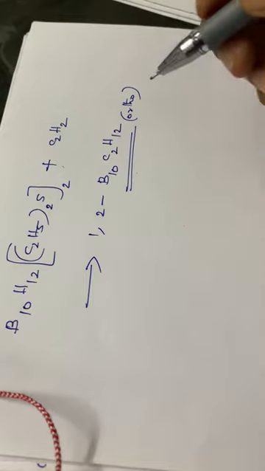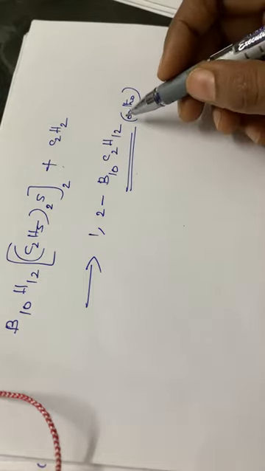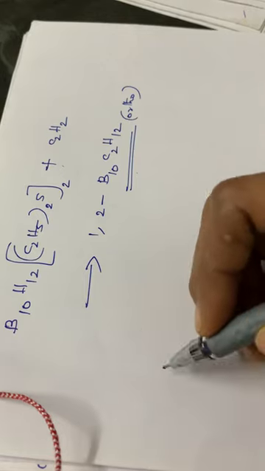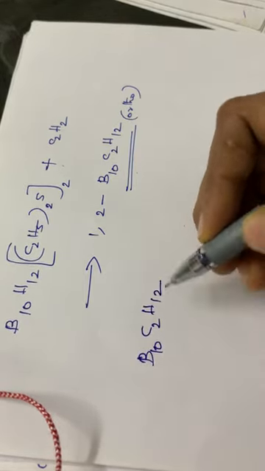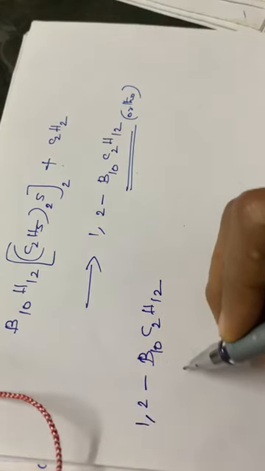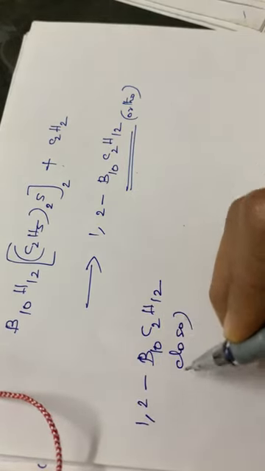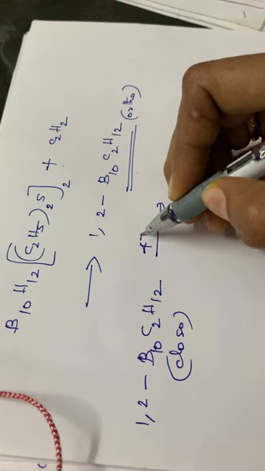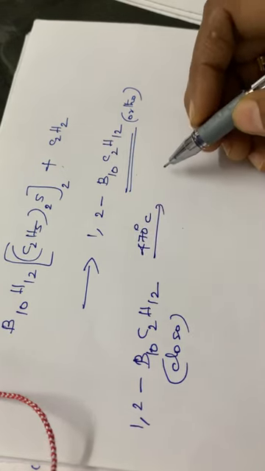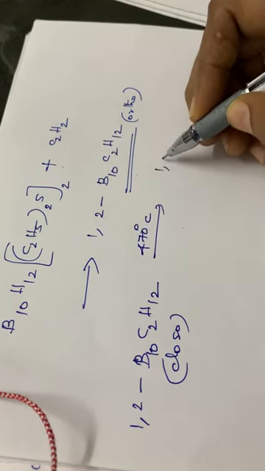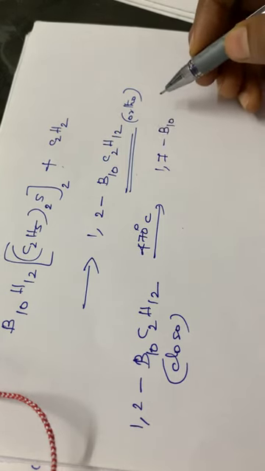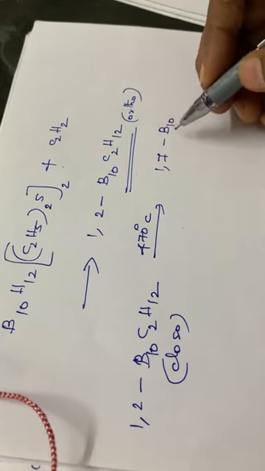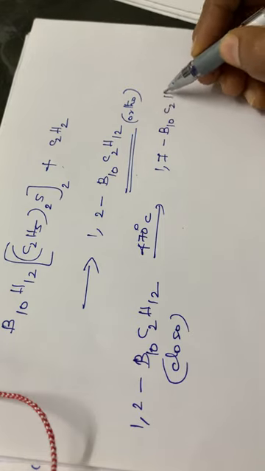Then again this B10 C2H12, the clozo form of this compound, on heating at 470 degrees Celsius, we will be having the meta form 1,7, that is we are obtaining the different isomeric forms of this clozocarborane, B10 C2H12.